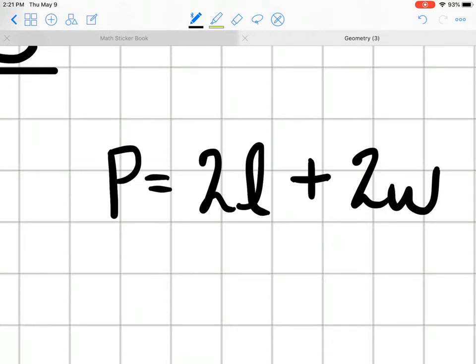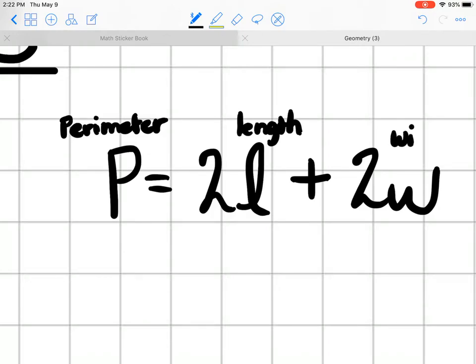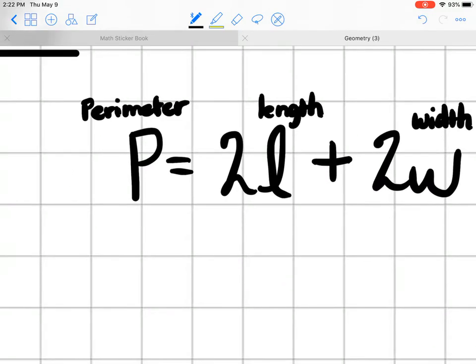This is called parsing, and you'll see more of that later. So perimeter is capital P. 2 times length, and I use a cursive L so I don't mistake that for a 1, and 2 times the width, because we have 2 longs and 2 wides.